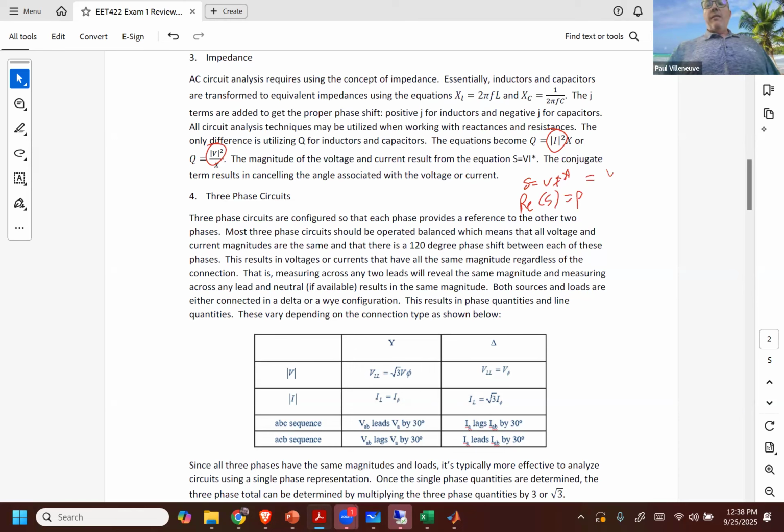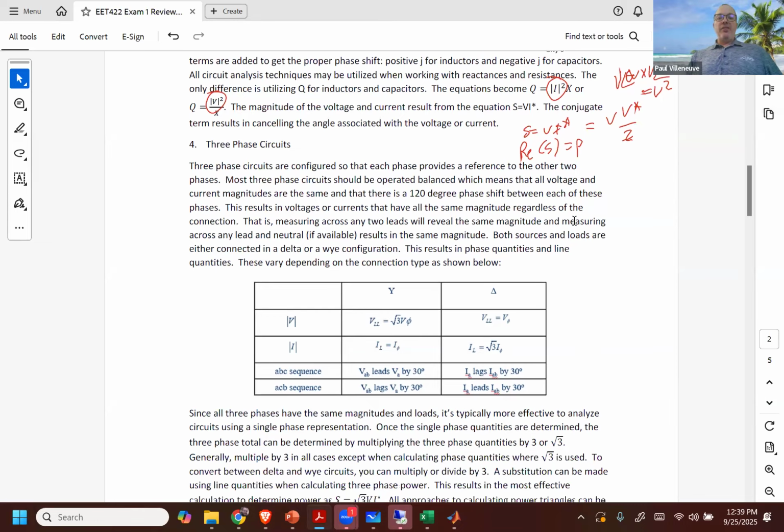So V times I conjugate is V over Z conjugate with a negative angle. And what ends up happening is V at theta V times V at minus theta V just equals V squared, right? When you take the conjugate and you multiply those two together, the theta V's will cancel out. So that's the reason why you've got to make sure you don't have any angles when you do the V squared or the I squared, okay? So highlight that, put that in your notes, make sure it's V squared or I squared.